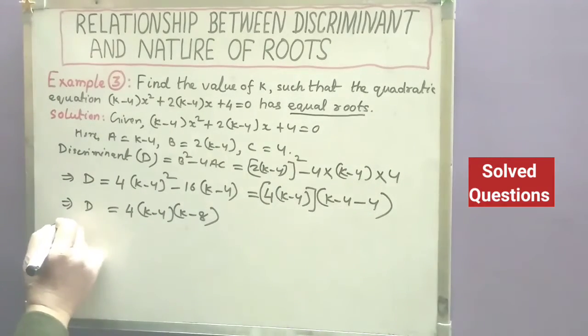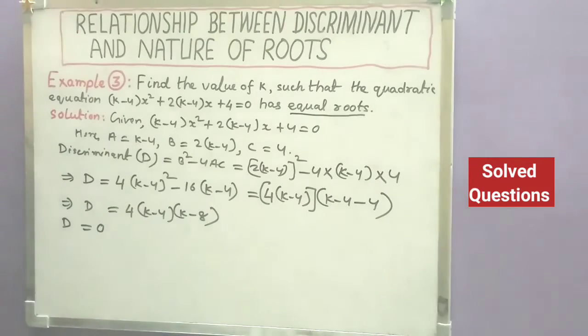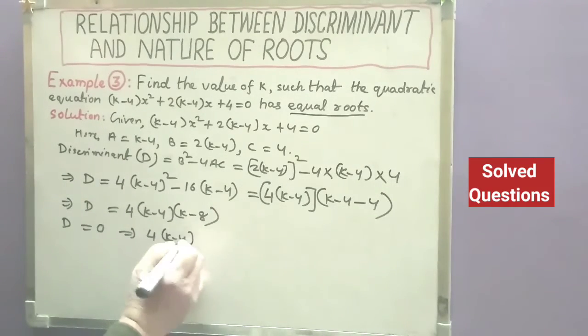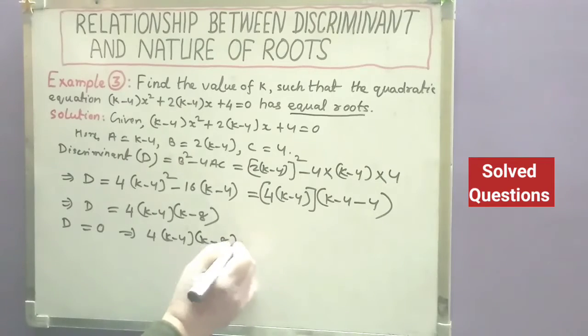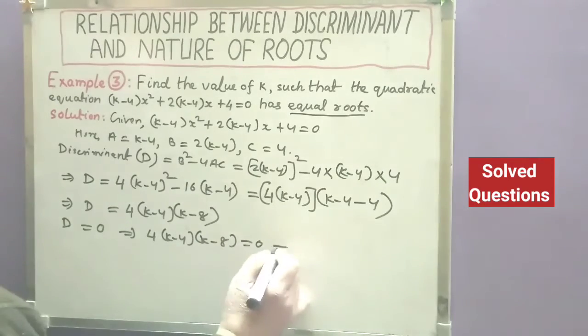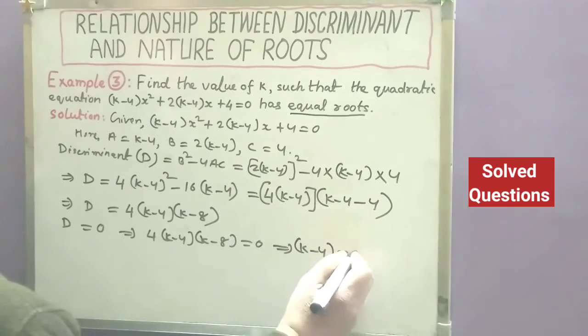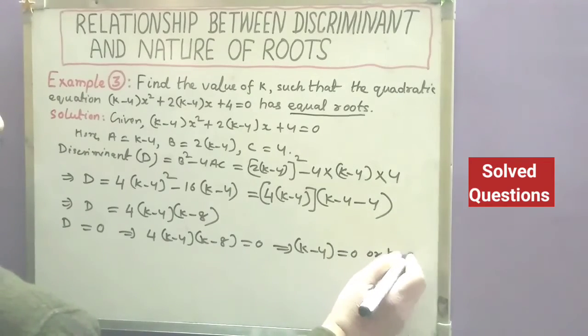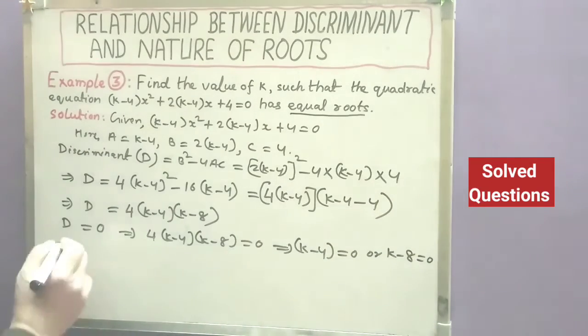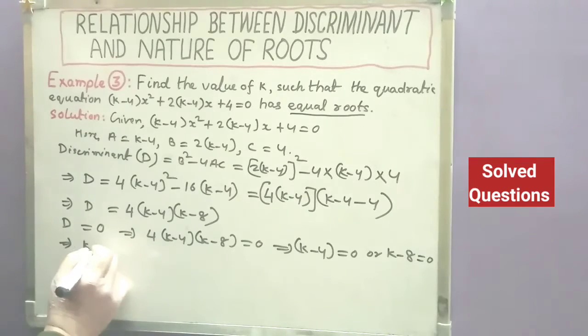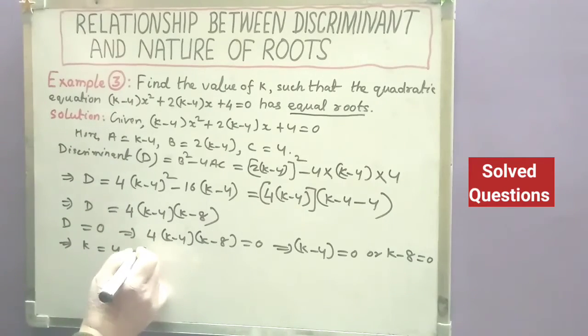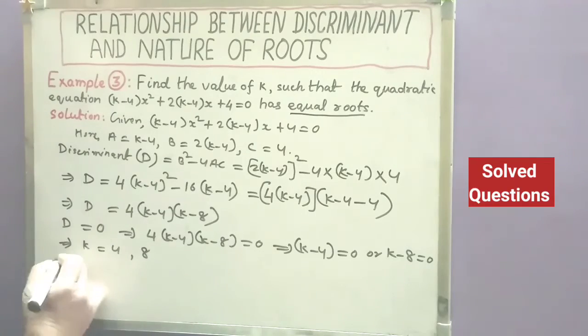Since the equation has equal roots, D = 0. That implies 4(k − 4)(k − 8) = 0. That implies k − 4 = 0 or k − 8 = 0. That implies k = 4 and 8. Let's examine these two values of k.